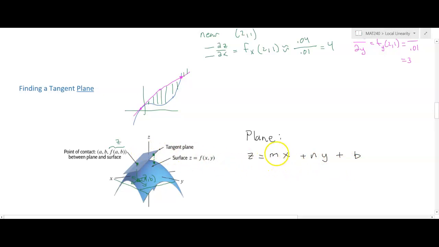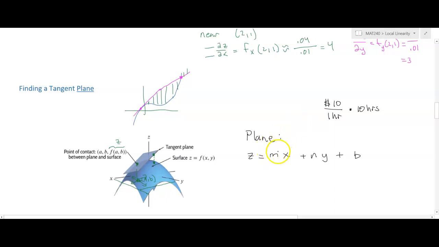So if we think about what this value right here represents, that's going to be some change in z associated with a unit change in x. So for example, if I know that I earn, let's say, $10 per 1 hour, and I work for 10 hours, that's my change in time, in this case the total time, and this is how much the change in my income would be for every 1 hour, then we can see that this is a slope.